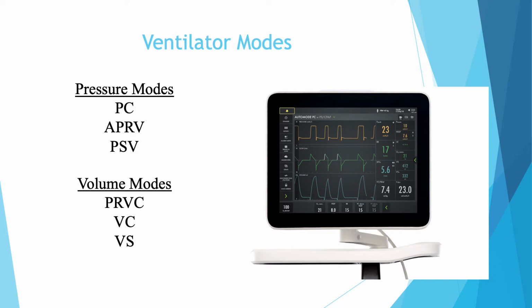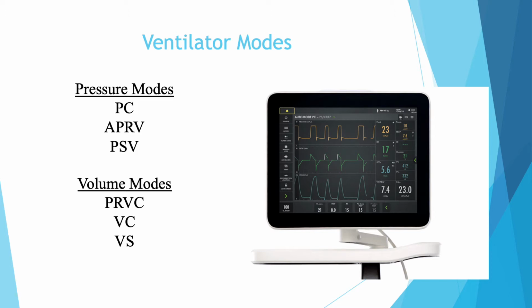If you can see this as like a fluid in a container, it just measures the milliliters in the lungs that are going to be exchanged. Volume modes consist of pressure regulated volume control, or PRVC, VC, which is volume control, and VS, which is volume support.